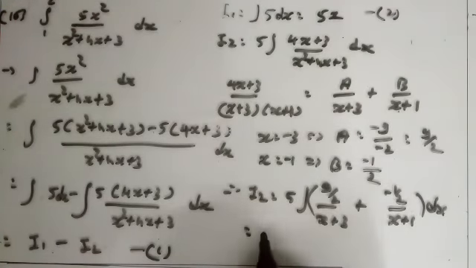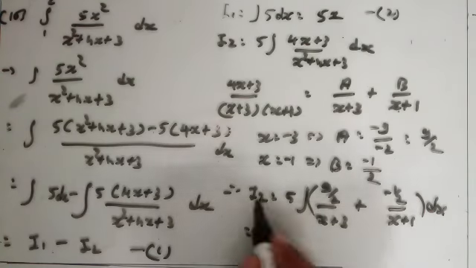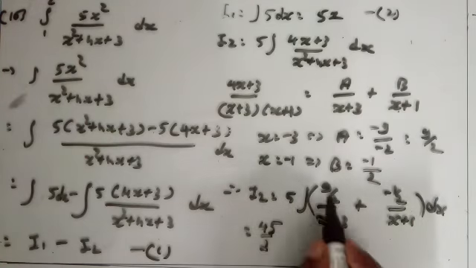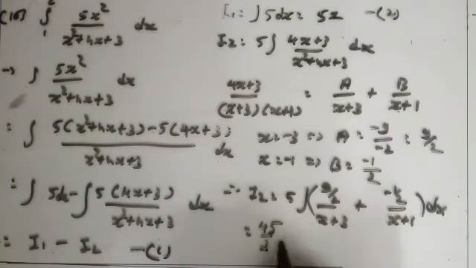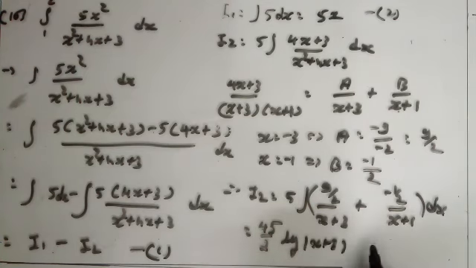So it is equal to 9 upon 2 taken outside, so 9 into 5, 45 upon 2, times the integration of 1 upon x plus 3, which is log mod x plus 3, minus 1 by 2 into 5, that is minus 5 upon 2, times the integration of 1 upon x plus 1, which is log mod x plus 1.